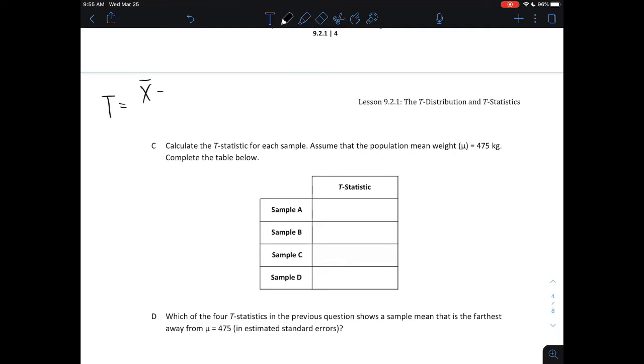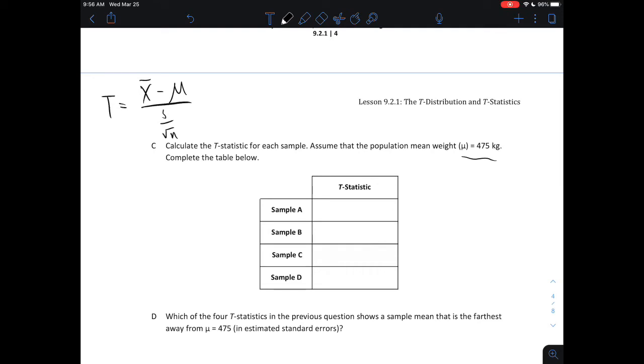So the formula that we are going to use was given before: capital T equals x bar minus mu divided by the fraction s over the square root of n. n is our sample size, so that's going to be 5 for all of these calculations. Mu was given as 475, so that's going to be the same for all of these. But for each sample, we have a different x bar and a different lowercase s.